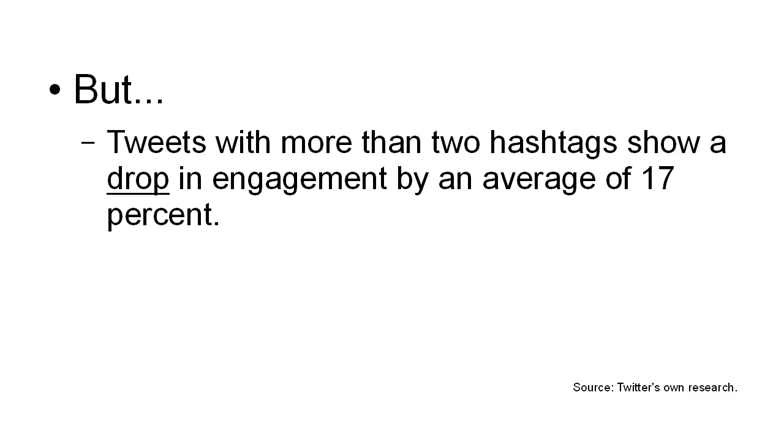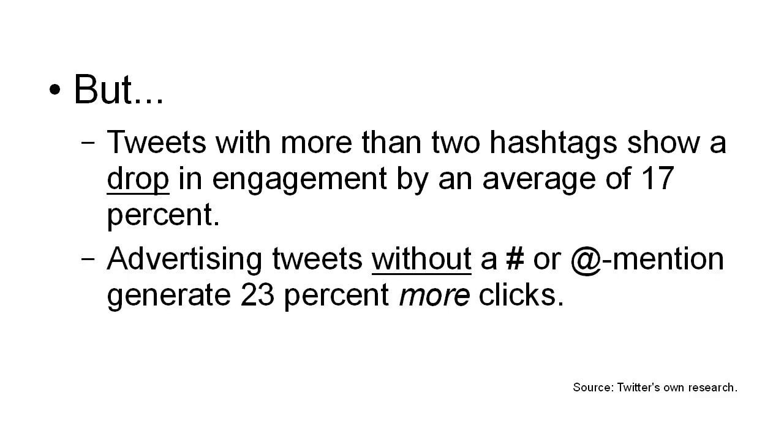But, and there always is a downside, tweets with more than 2 hashtags show a drop in engagement by an average of 17%. And advertising tweets without a hashtag or an at mention generate 23% more clicks. So if you are going to be having an advertising tweet, it's best not to have a hashtag or a mention, because that does actually, perversely in some ways, make it more clickable.